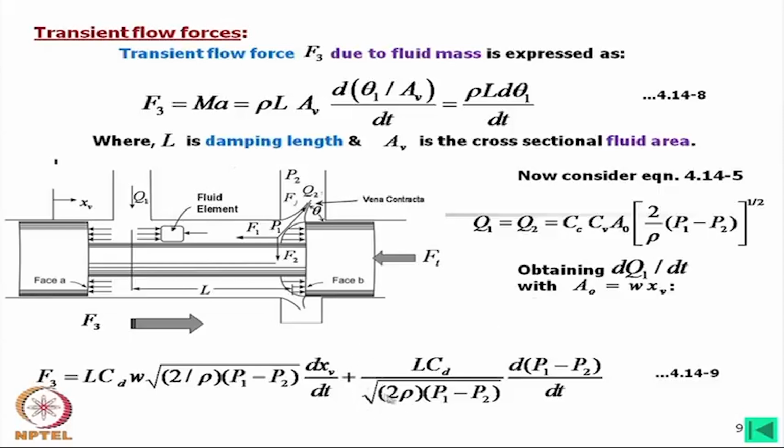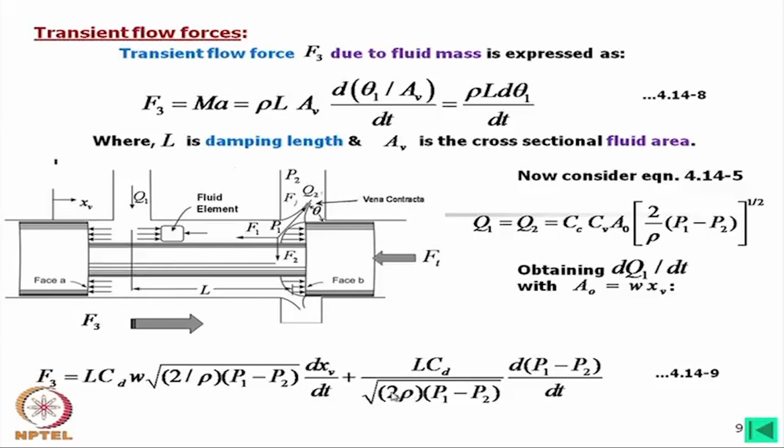Okay. So, 1 by 2 and then this will come in the denominator, and then d by dt of 2 by rho into P1 minus P2. So, this is a constant. So, this will be 2 by rho here. So, 2 into half, that means 2 by 2 will cancel, and then outside there will be a rho. That rho if you bring inside, then that will be root rho square, which will cancel with 1 by rho here.